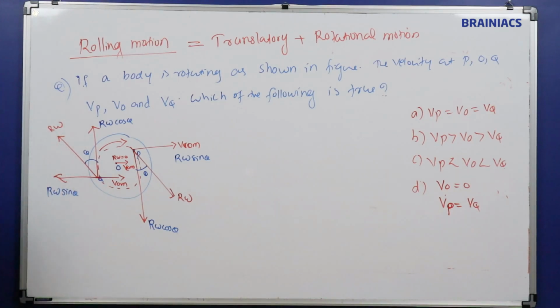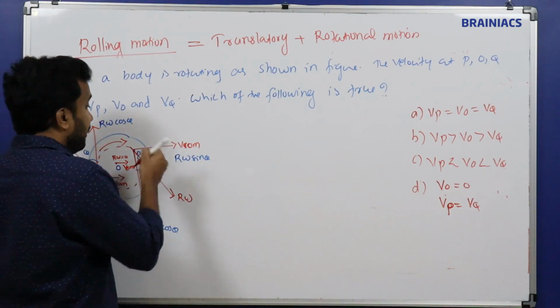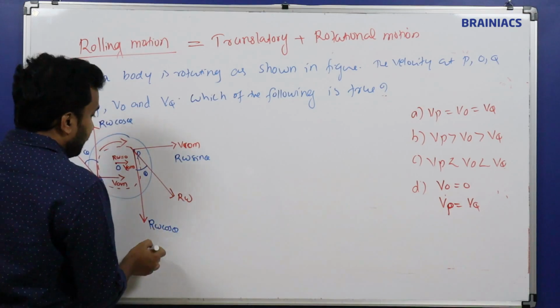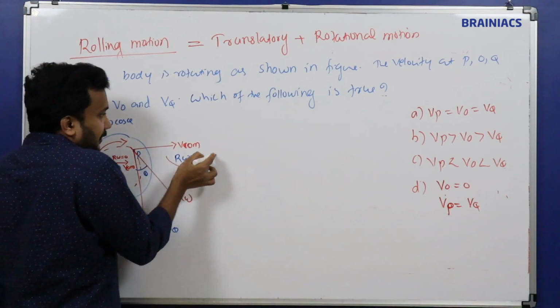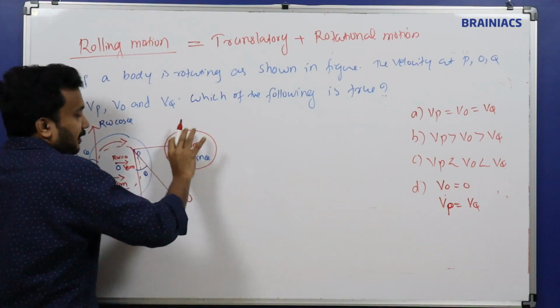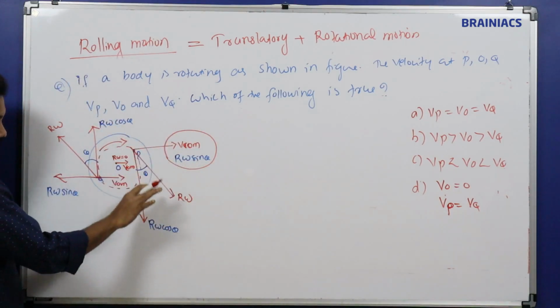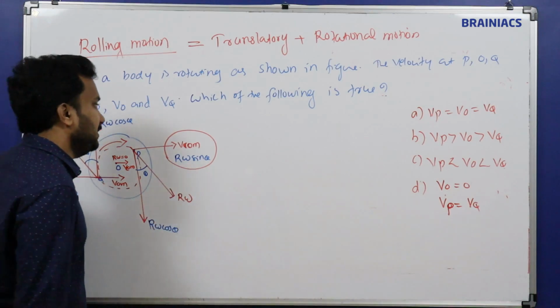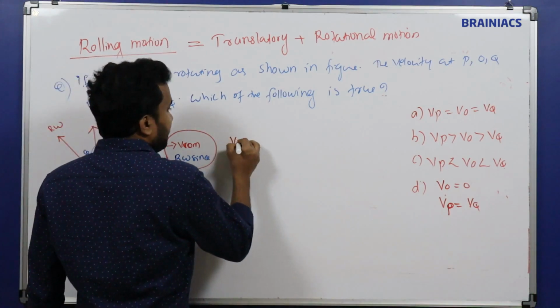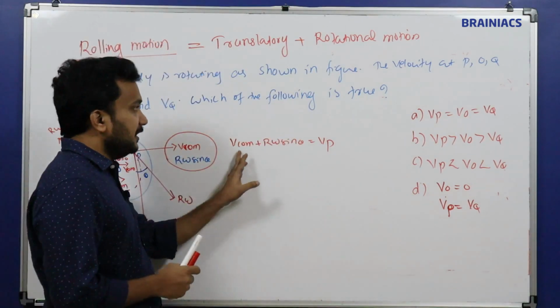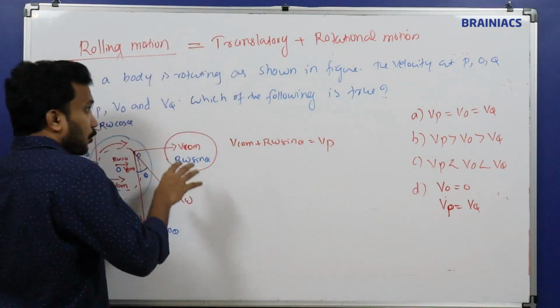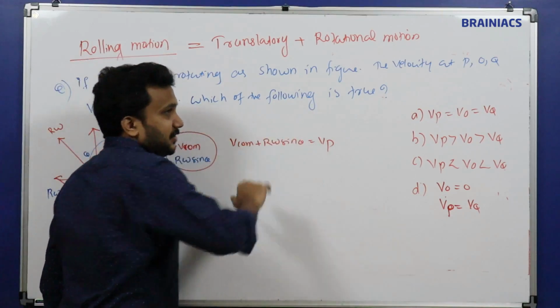Now if you look at this point P, this is P. The factor at the point P is the net velocity at P. There is a vertical velocity also there, that is understood. But here I can say the velocity at the point P is VCOM plus r omega sin theta in this direction.